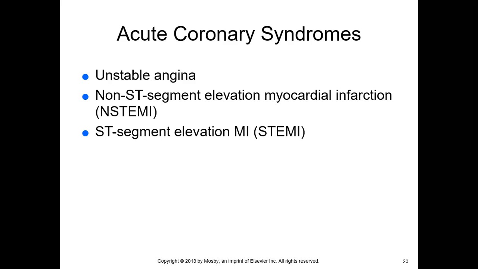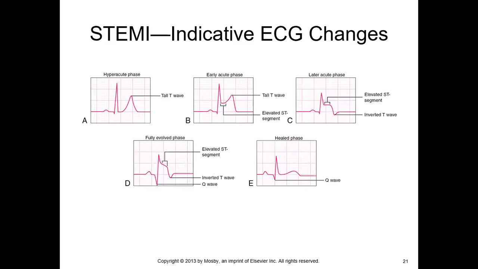Acute coronary syndrome includes unstable angina, non-ST segment elevation myocardial infarction, so that's a non-STEMI, they call it, and ST segment elevation MI, which is a STEMI. Sudden cardiac death can occur with any of these conditions.